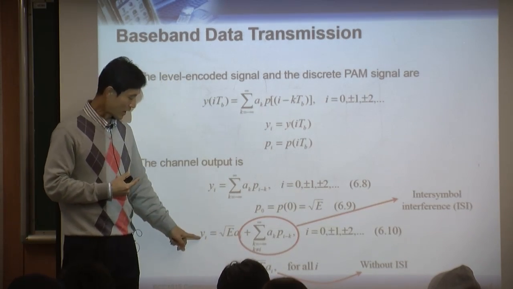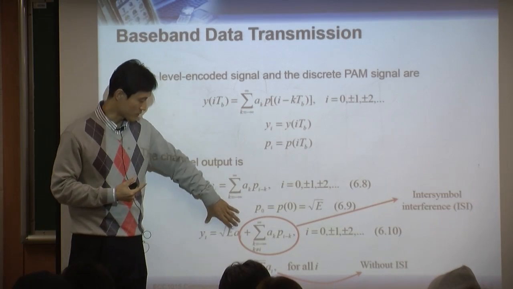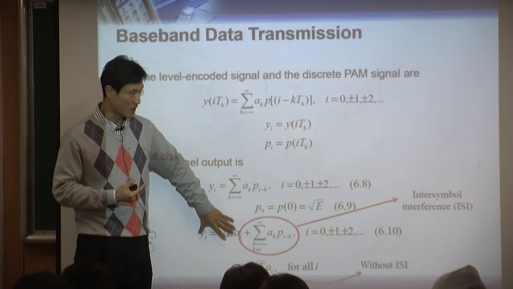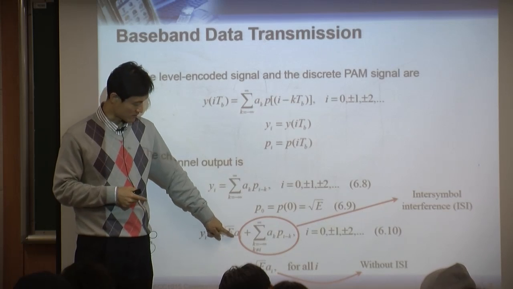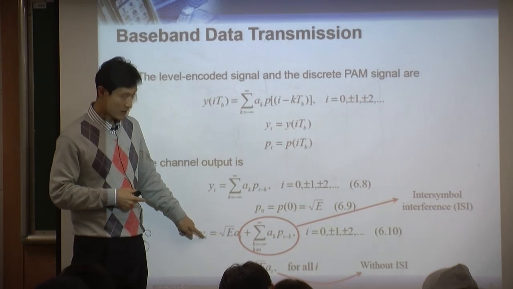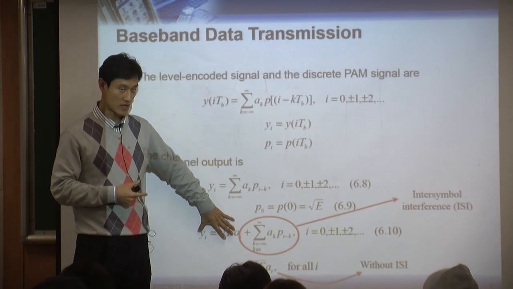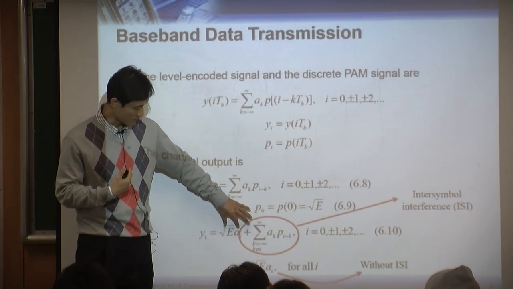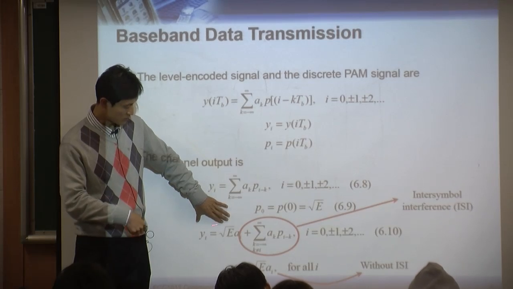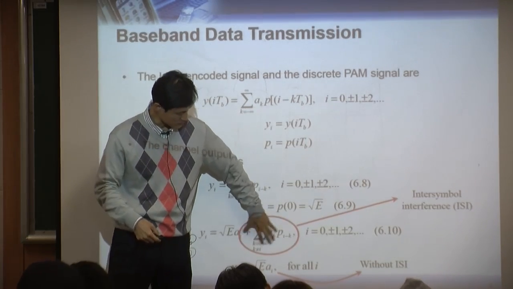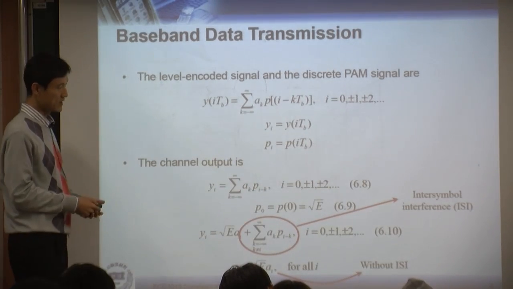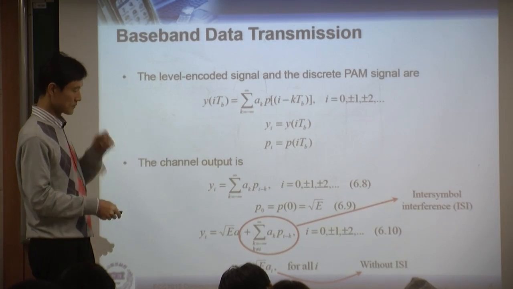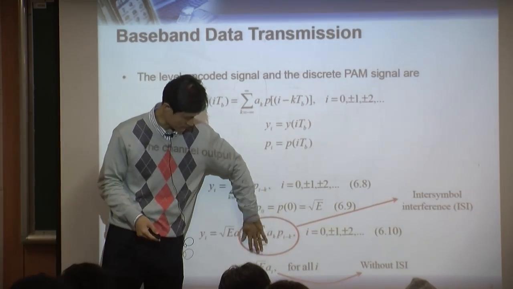Input i, output i. These are the same input, same output, at the same time, right? The ith input, ith output is actually the same index. And what we want is to get only this one. This is the only thing we want, right? All the other terms contribute to intersymbol interference. So we want to remove all these things, right?